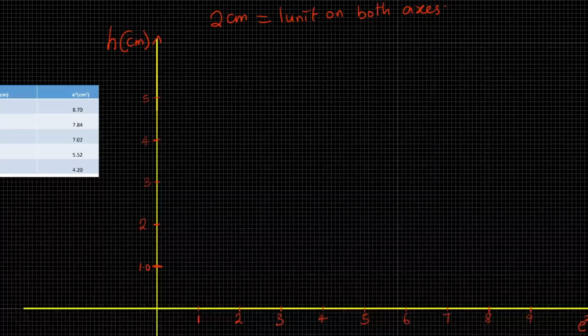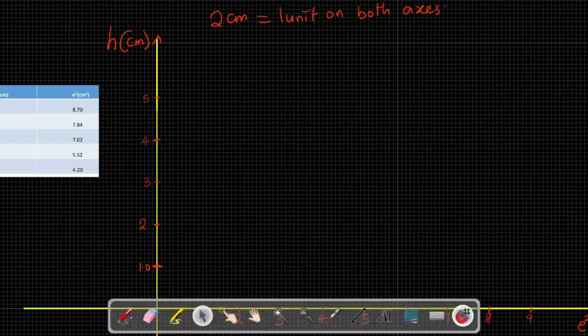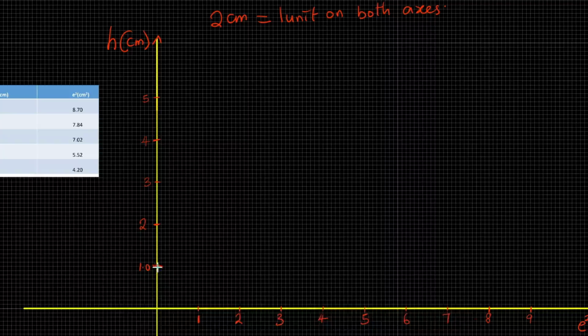All right, so I needed to fix these lines because in your wire graph, you will see those lines boldly drawn to indicate where 10 cm, where 2 cm started, and this is where it's ending.